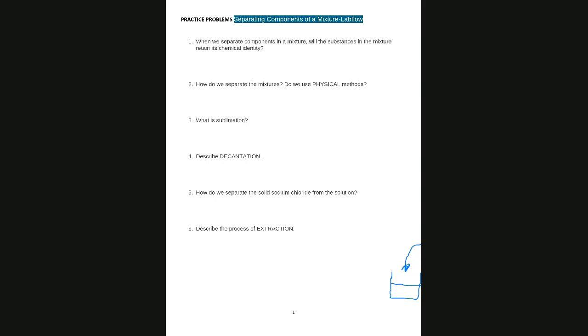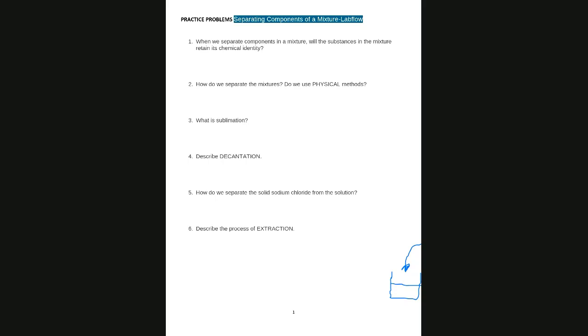And then the last question is, describe the process of extraction. When do we use extraction? I mentioned extraction when I said it's the process used to separate soluble compounds from insoluble compounds.